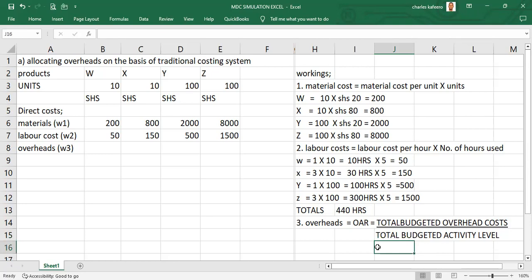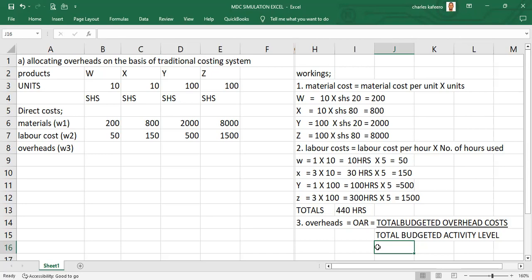So we first compute the total budgeted overhead costs. Actually, they have given us the total budgeted overhead cost, 3,800. That is the total. They have given us in the question. And what we have to compute is the total budgeted activity level. Remember, here is what makes the difference.